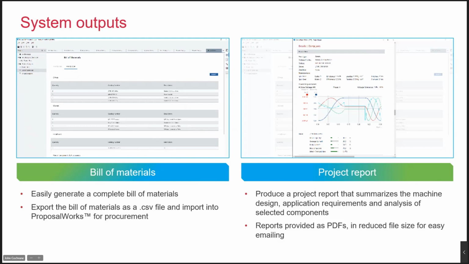And then there's a project report. So if you want to put this in a file for the machine or for a later time, or send this to a customer, there's some detail in the project report, because maybe somebody doesn't have the software itself, but they still want to see the sizing, the project report on what was sized.